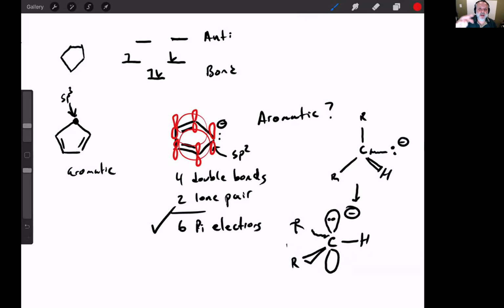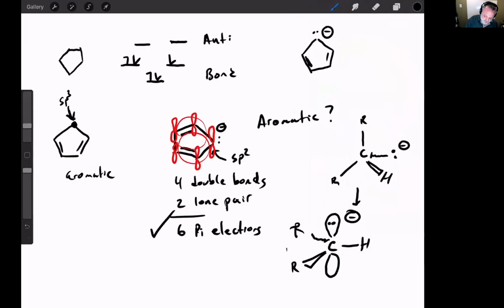That, combined with the fact that it's a Huckel number, means that this cyclic 5-membered ring that is an anion is aromatic.